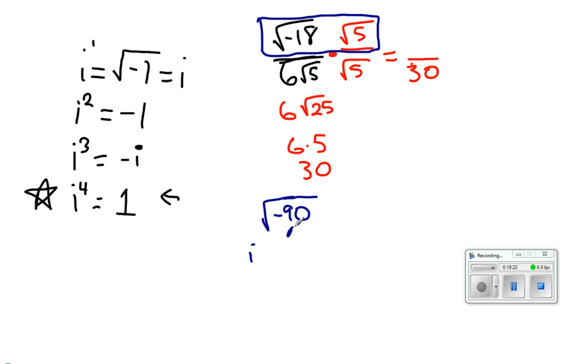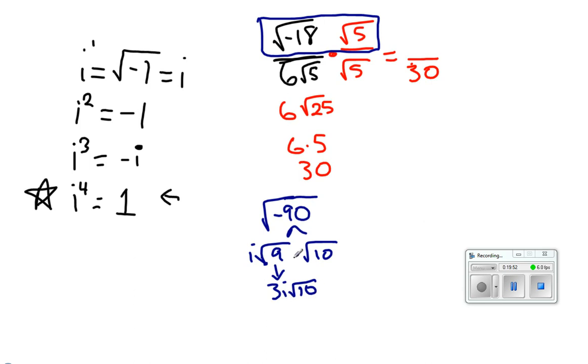What times what is 90? 9 times 10. Very good. Why do we use 9 times 10 instead of 30 times 3? Because the square root of 9 is 3. So we get 3i times square root of 10.